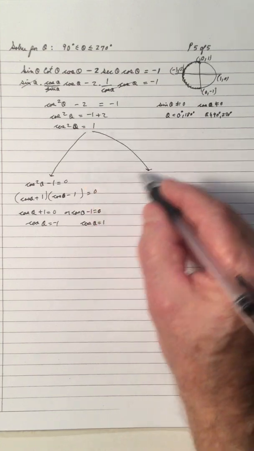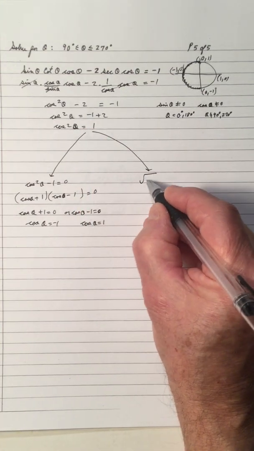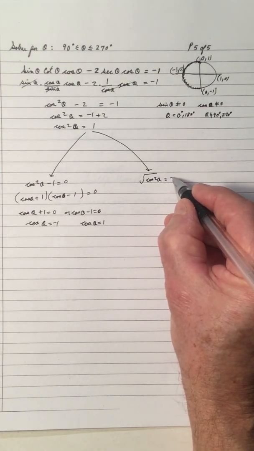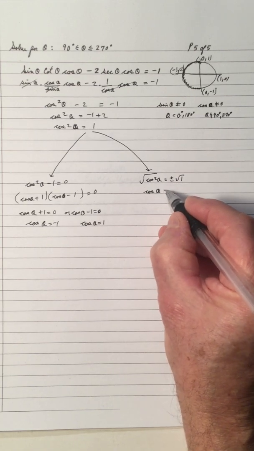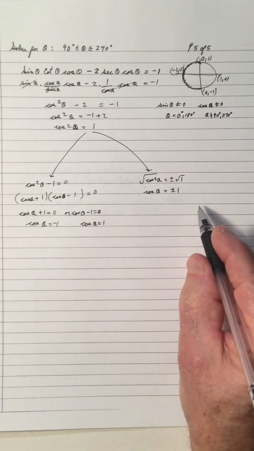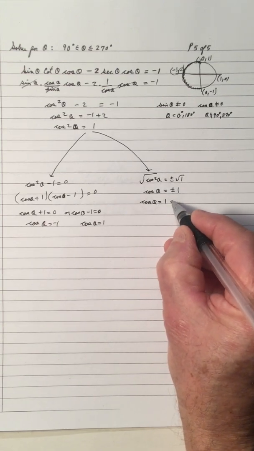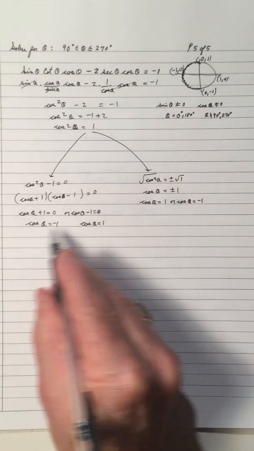And the other way is to let it stay like that and do the square root. Square root of cos squared theta equals plus minus the root of 1. So cos theta is plus minus 1. So now I have cos theta equals 1, or cos theta equals -1, same as I have down here.